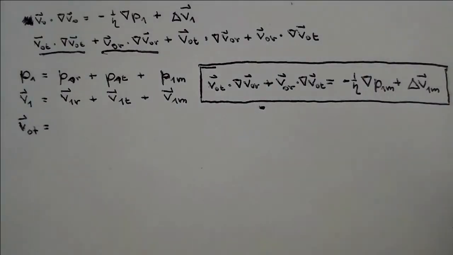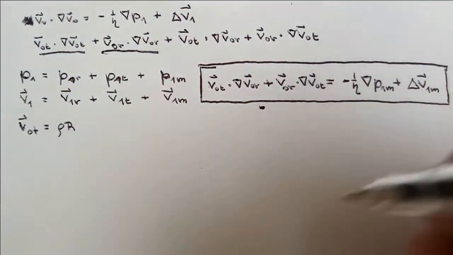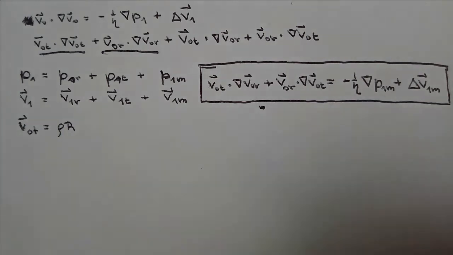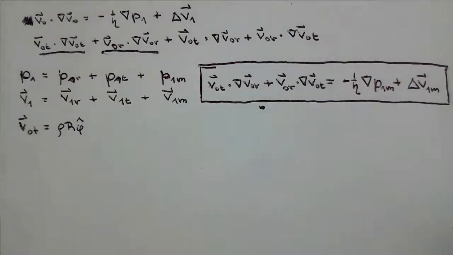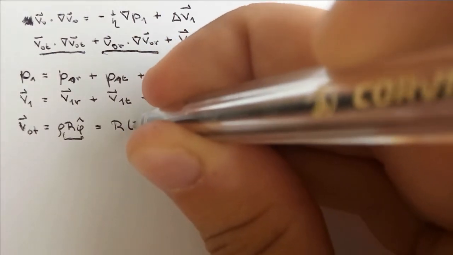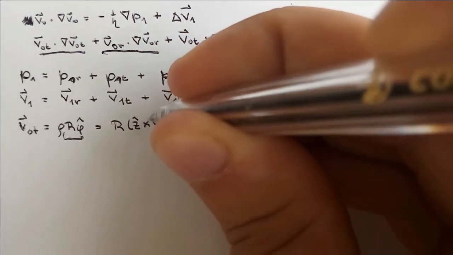So let us write this equation for the translational part. For the translational part, you are familiar with the solution. It's just rho times r, where rho is the polar radial coordinate, and there is also phi, and you can check it, but these two terms can be combined into this term, c cross product with r.